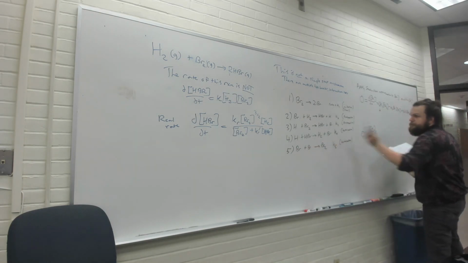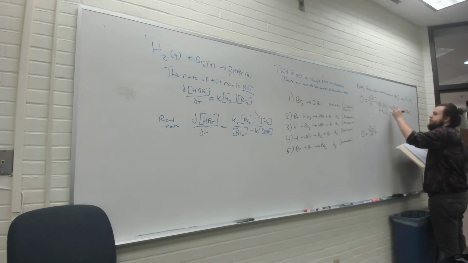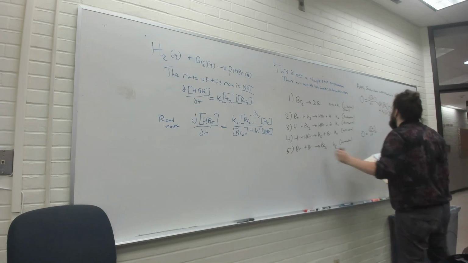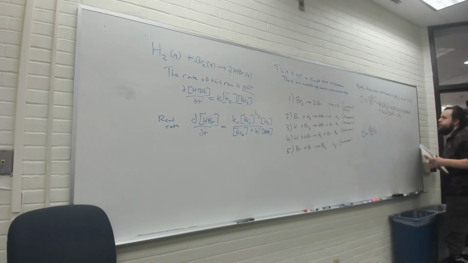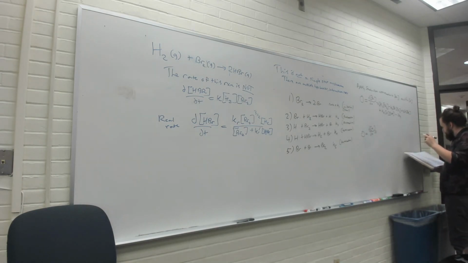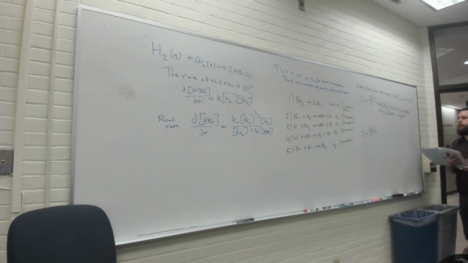This termination process makes Br, so that's going to be k4 times H times HBr. And then 2 converting into 1 at the end, so this is a minus sign. We have a factor of 2 because of the 2-to-1 difference in stoichiometric ratio, and it's proportional to the concentration of bromine atom squared.